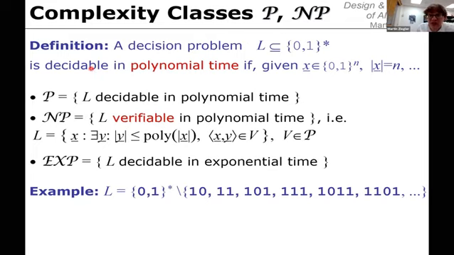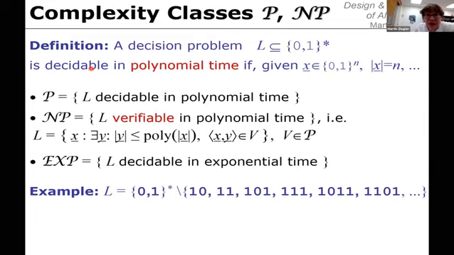An integer is not a prime number if and only if its binary code does belong to L. And we have seen randomized algorithms that decide this with one-sided error, Monte Carlo algorithms.